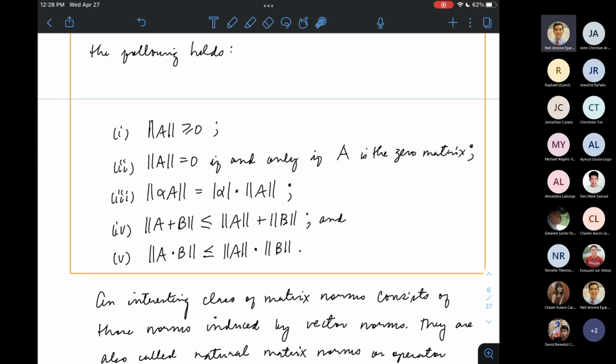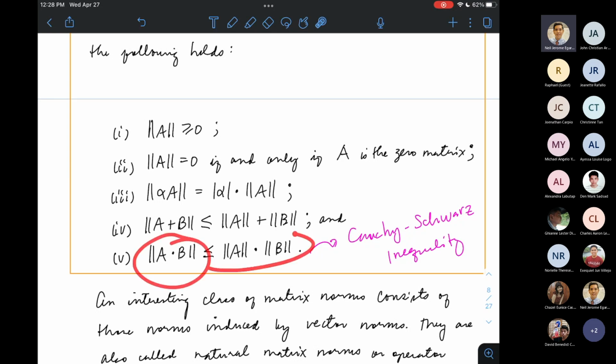All right. The added condition here is the fifth property, which is the Cauchy-Schwarz inequality, that says that the norm of a product will not exceed the product of the norms.